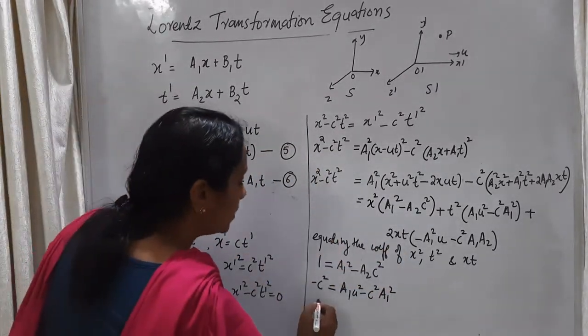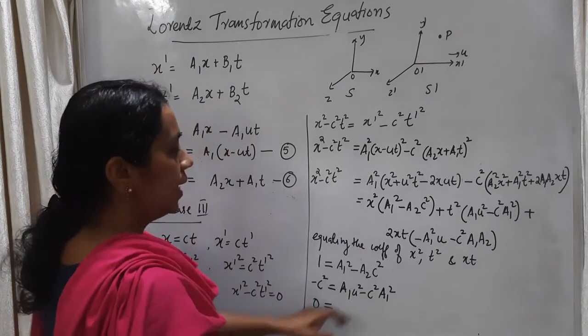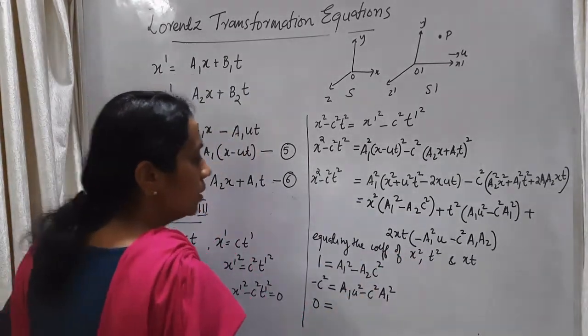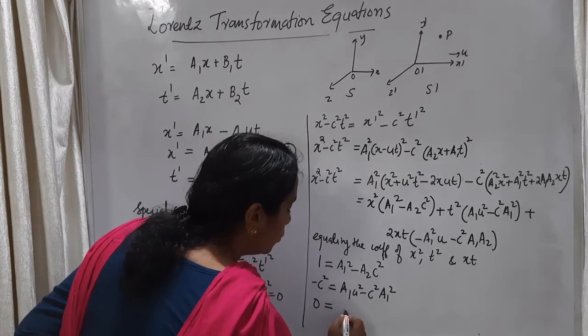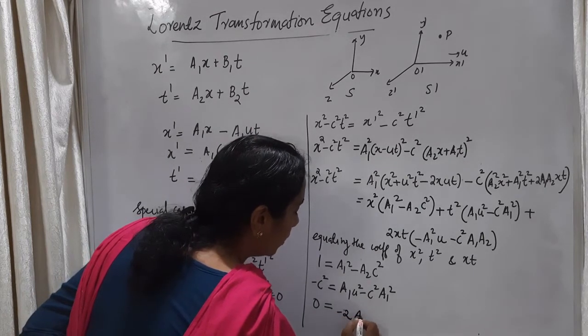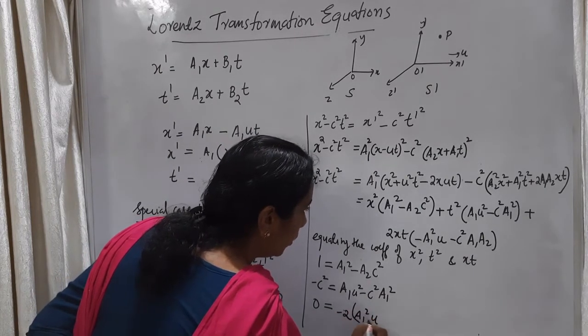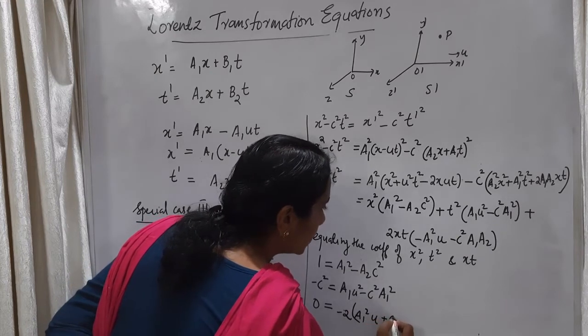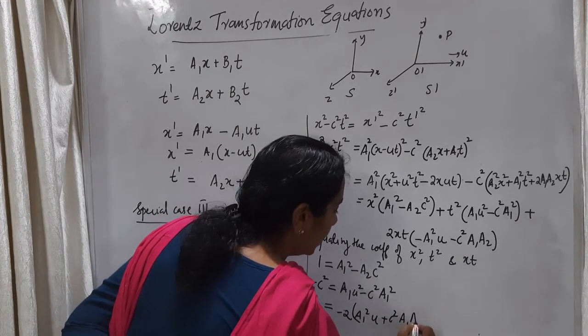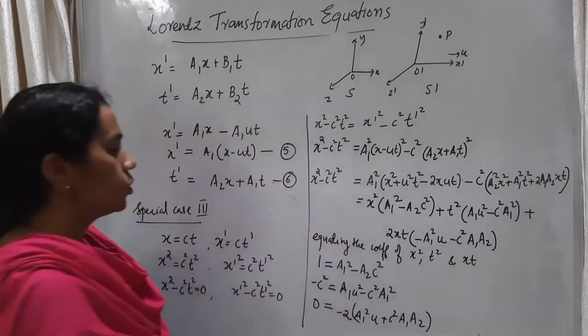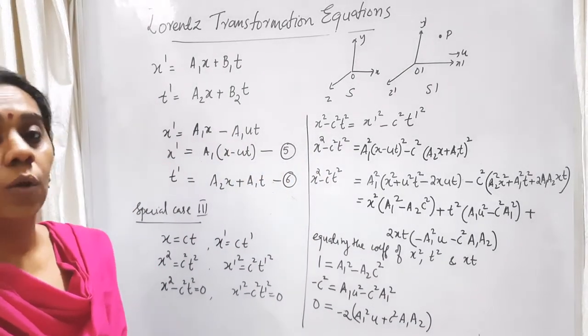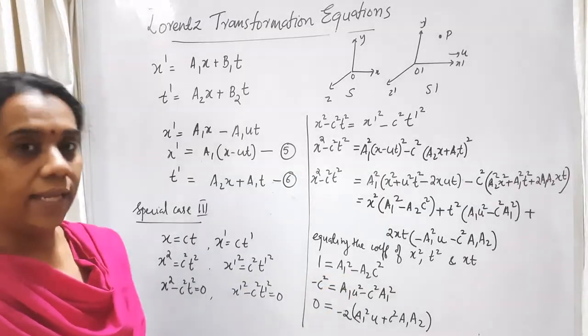Here on the left hand side it is 0, on the right hand side it is minus 2 into a1 square u plus c square a1 a2. So solving these equations, you can obtain the values of a1 and a2.